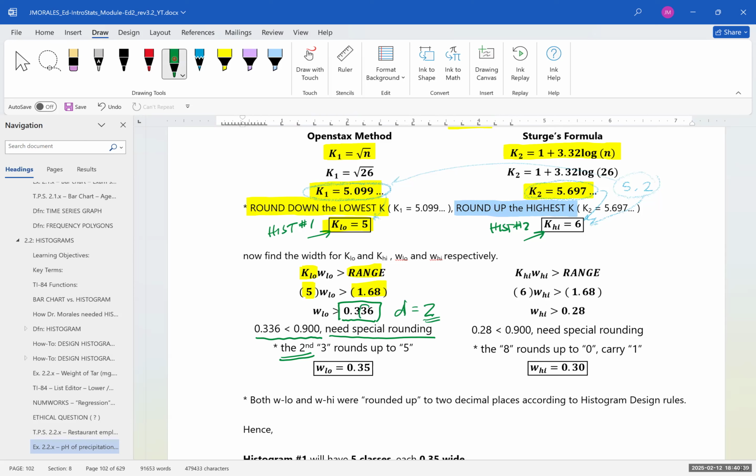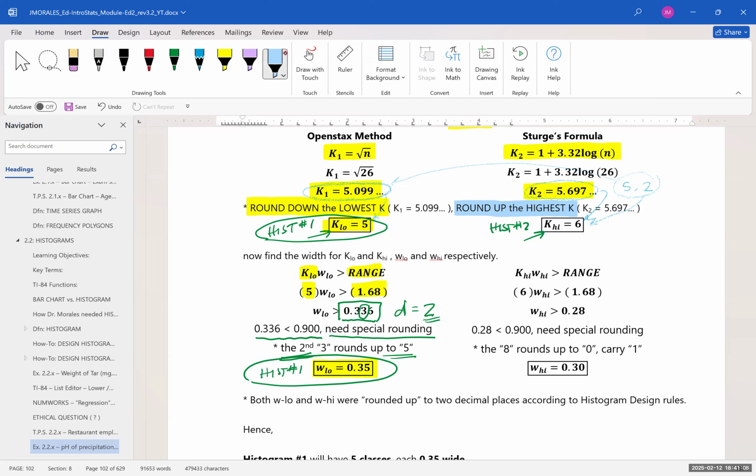And the second decimal place is this 3 right here. So we're going to round this 3 up to a 5, and so the width is going to be 0.35. So histogram 1 is going to have 5 classes, each that are 0.35 wide.